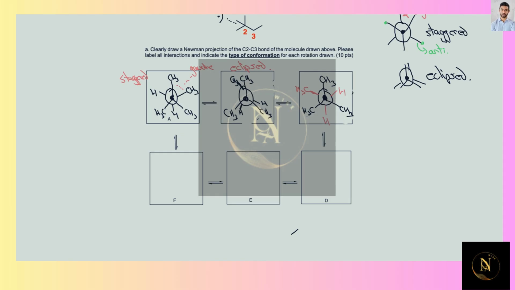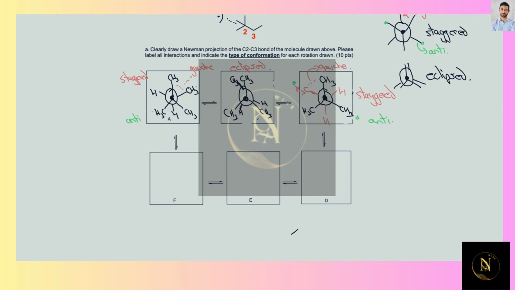This is also going to be a staggered configuration with gauche interaction. We're also going to have, at the same time as the gauche interaction, an anti-interaction coming from both of the sides over here. So this is going to be anti as well. Same thing goes for this one. An anti on that position.